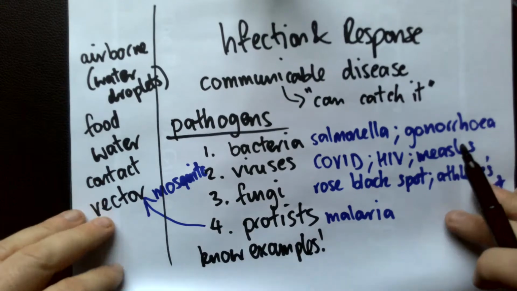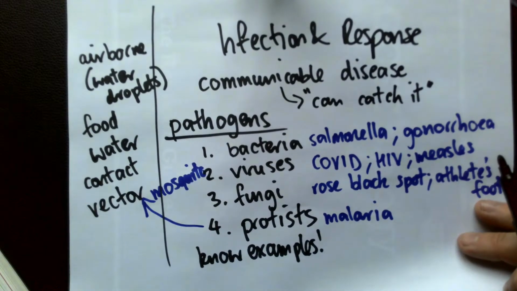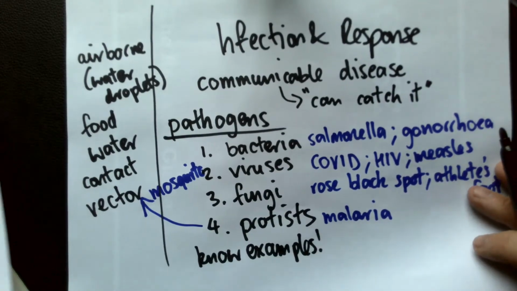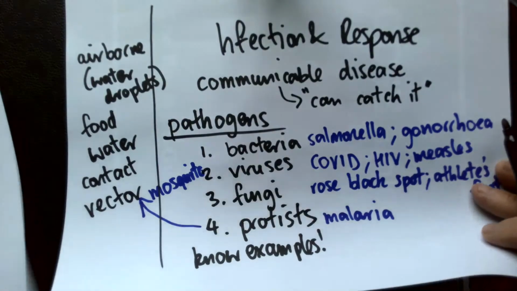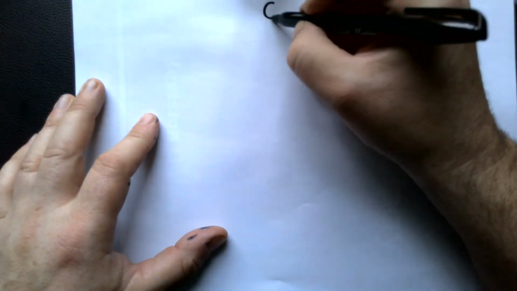Let's have a little chat about defense, because again, I've got a funny feeling this is going to come up tomorrow. So let's have a chat about the lines of defense. Our first line of defense is our skin. We've kind of got these layers. So we've got pathogens.